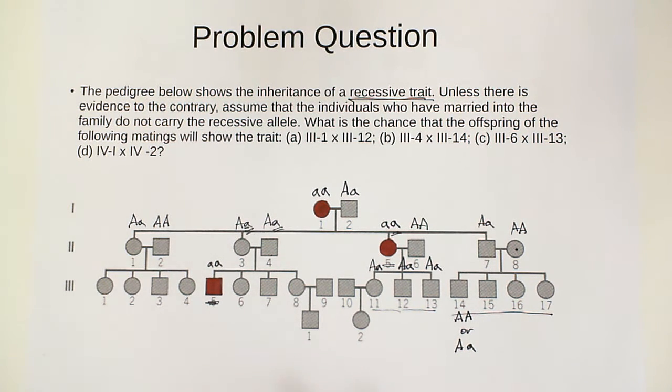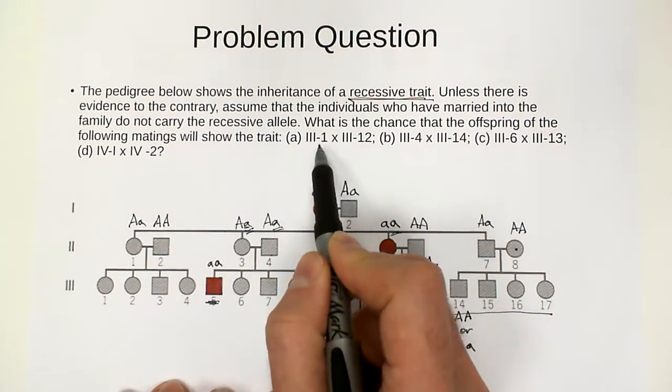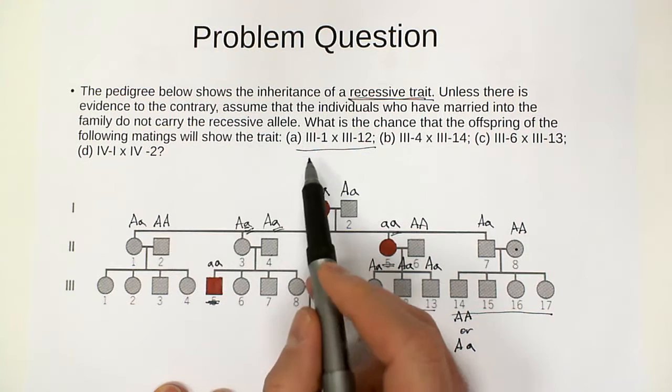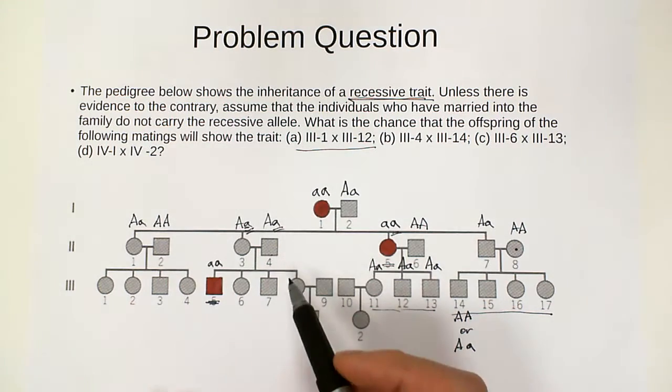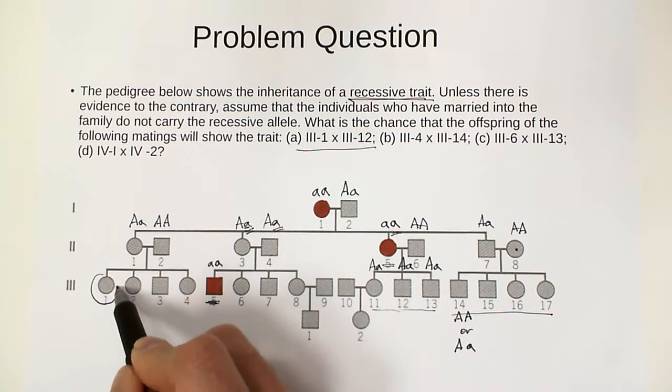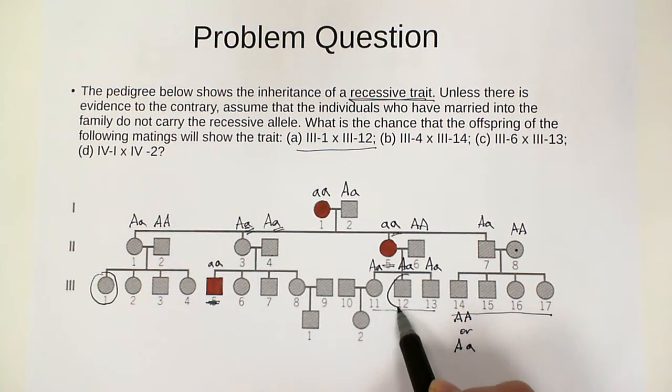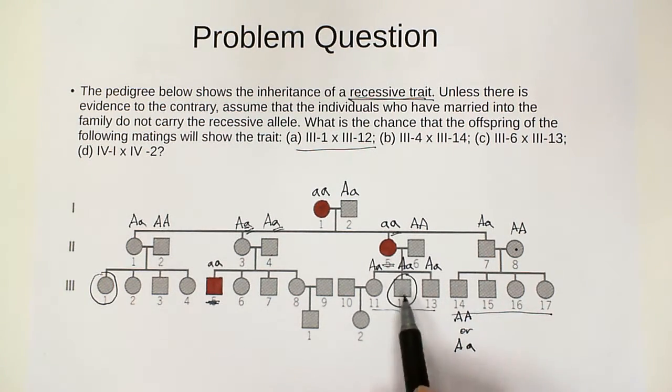So let's go on and try to figure out the probability, or the chance, that the offspring of the mating of 3-1, this individual here, and 3-12, this individual here, so if they got married, what would be the chances of their kids having the recessive trait? Not just carrying, but actually showing it. So they would have to be homozygous recessive.